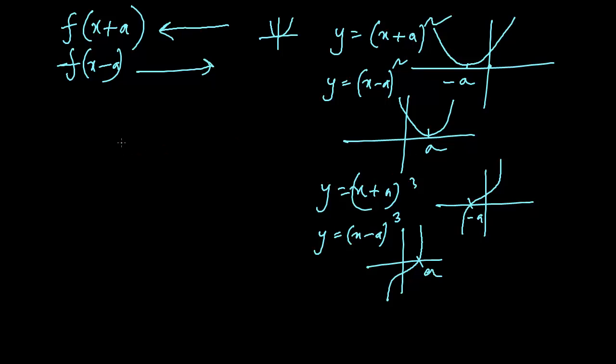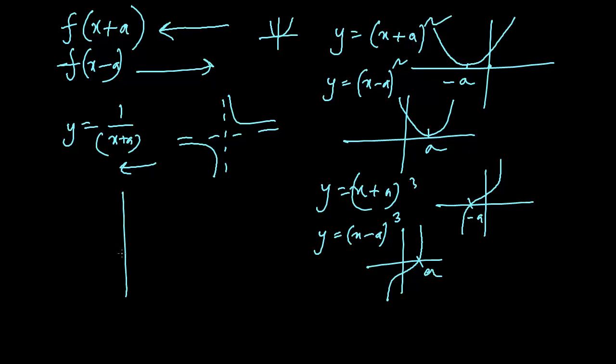Now, we can do the sliding also for this one. y equals 1 by x plus a. Remember the hyperbola? So the original picture is like this. Okay, so this time the vertical broken line, or the vertical asymptote, would slide towards the left. So the picture would look like this.